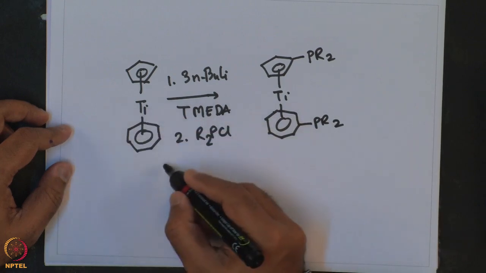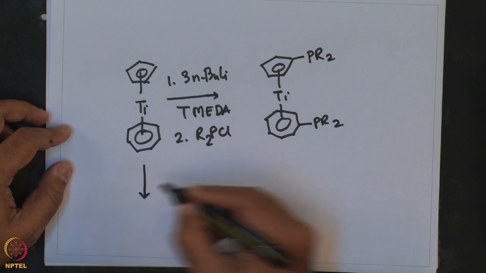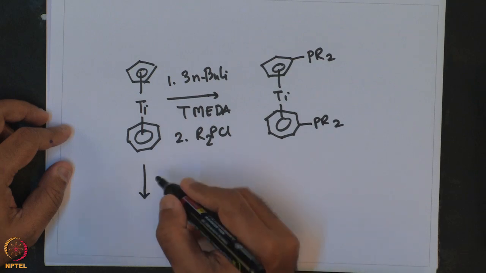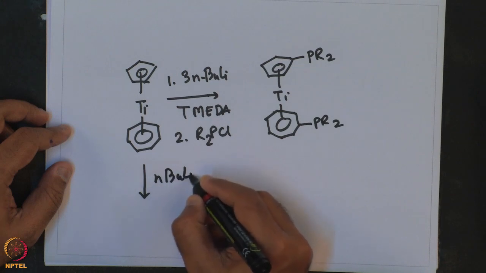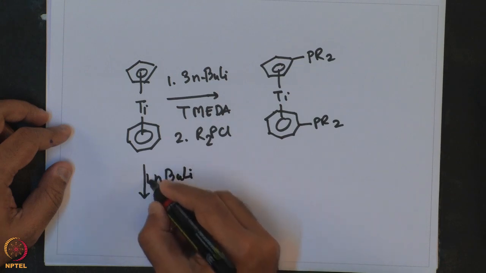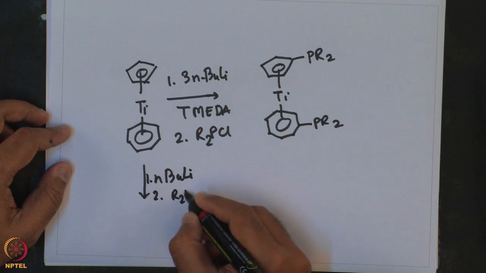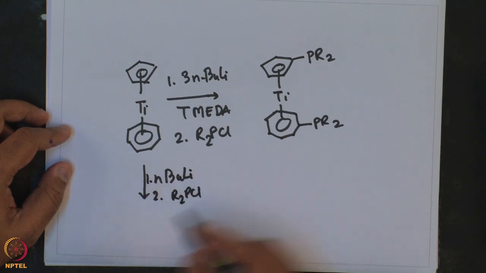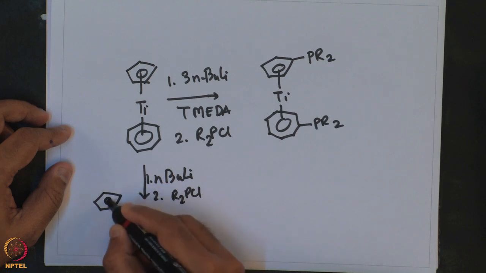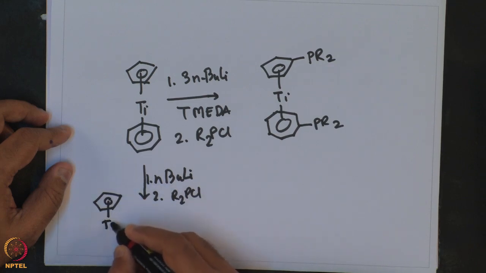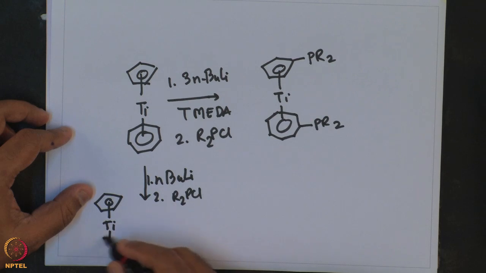Whereas if one does the reaction in absence of TMEDA, just taking n-butyl lithium and second R2PCl, then one sees lithiation happening on the cycloheptatrienyl ring.